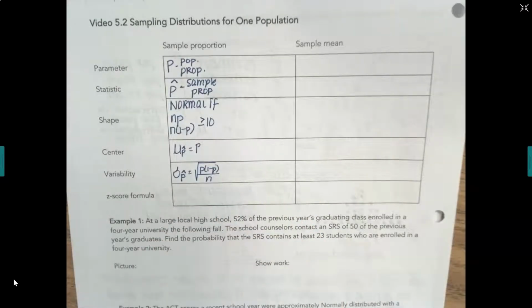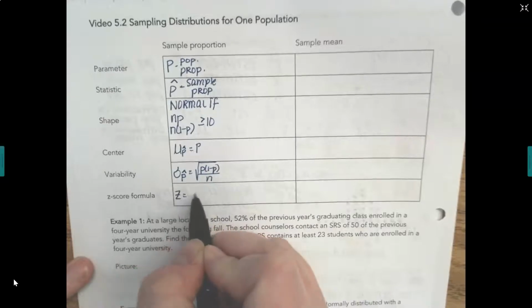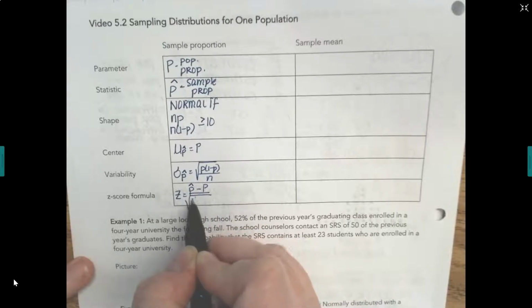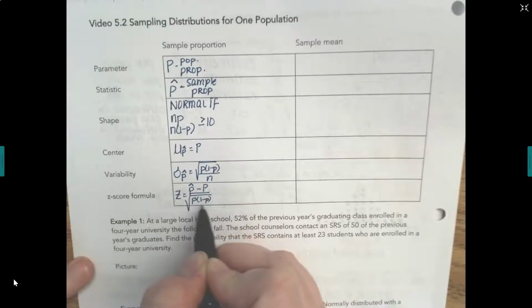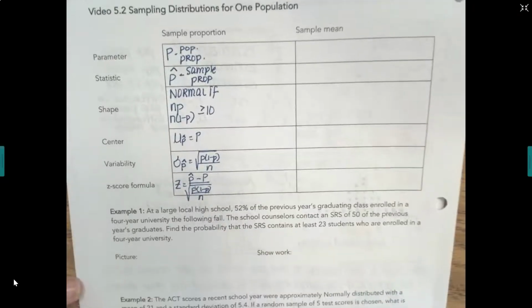I just got those formulas off the formula sheet. Now to find the z-score for a proportion, our z-score will be our P hat minus our P divided by our standard deviation. Okay, so let's take that and work an example with this information.